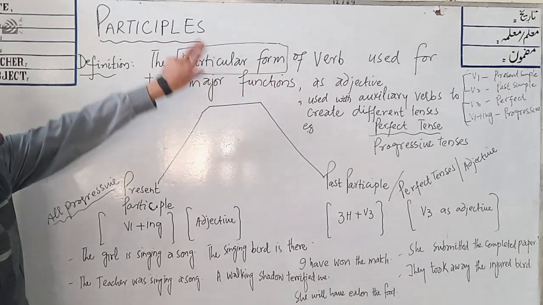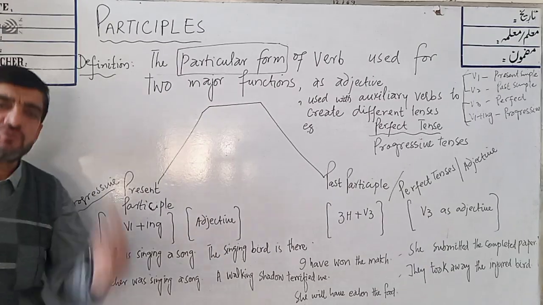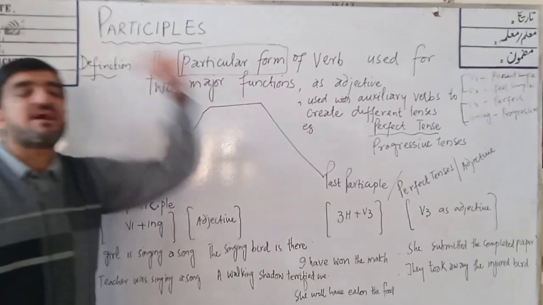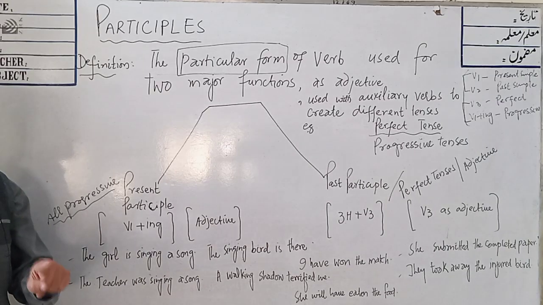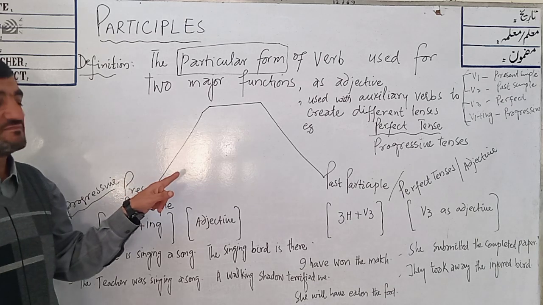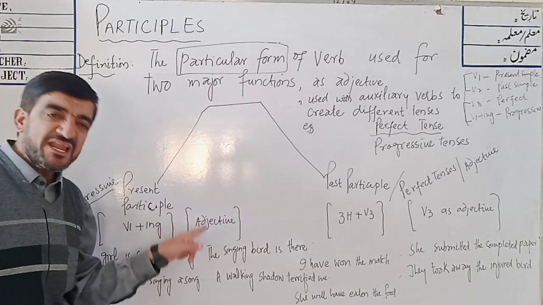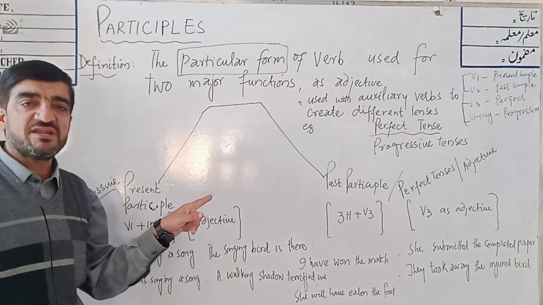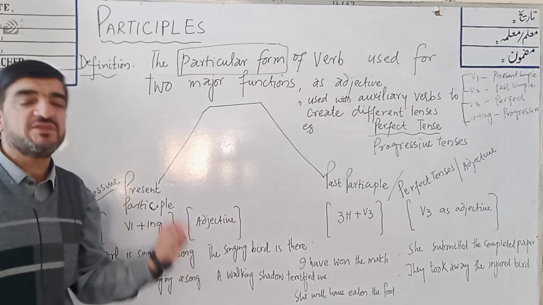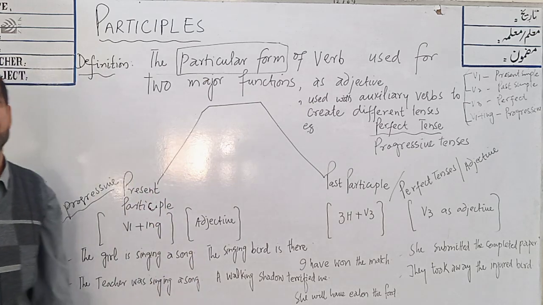So I told my students that there we were studying four forms of the verb. In the case of participle, we will study the same four forms of verb under two subheadings, known as present participle and past participle. But the difference is that when we are dealing with participles, the same verb can be used for the reflection and identification of tense, as well as adjective, as well as gerund.